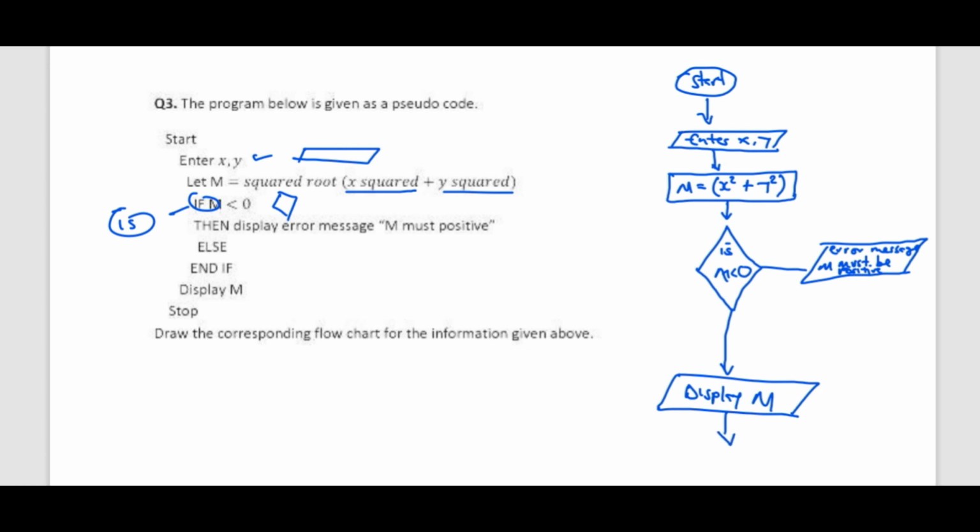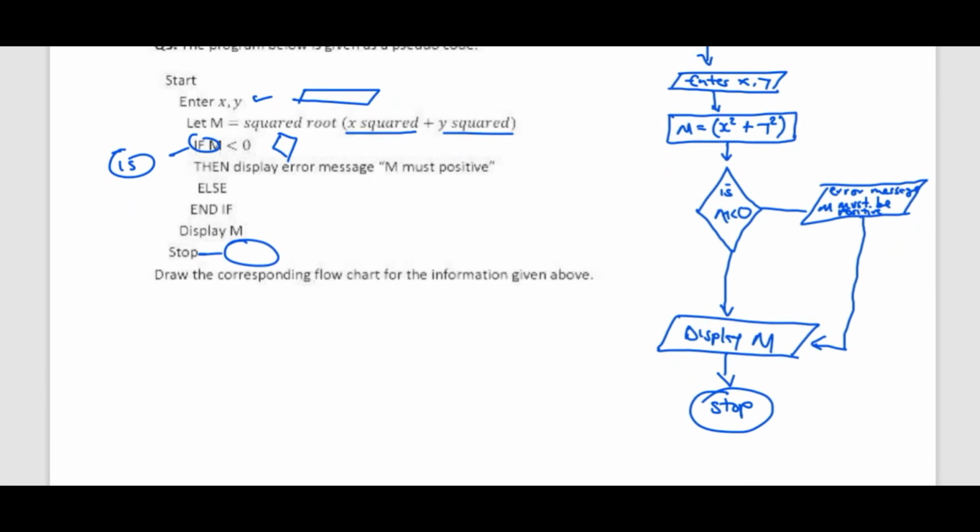To move, and then we have error there, and then we have display. So meaning that this error will be entered here, and then we would say the last one, which is stop. So this is the last part, which is what? Stop. So we would say stop. So this is how to change pseudocode into flowchart, or from flowchart to pseudocode.